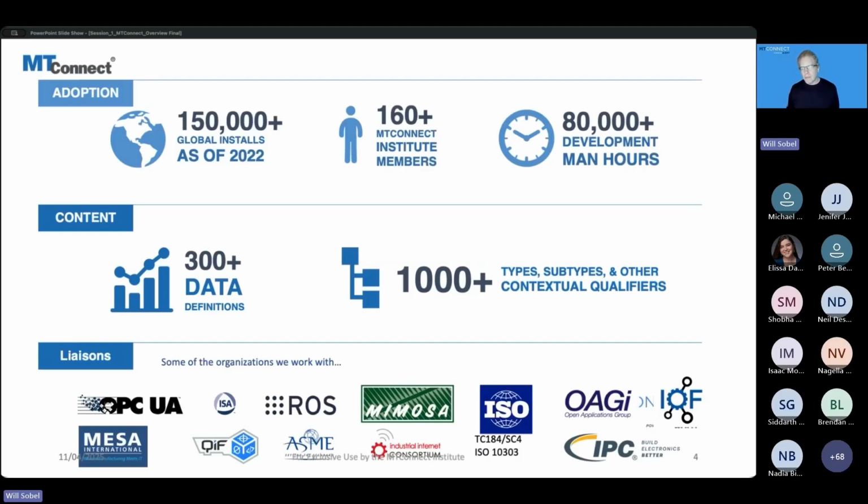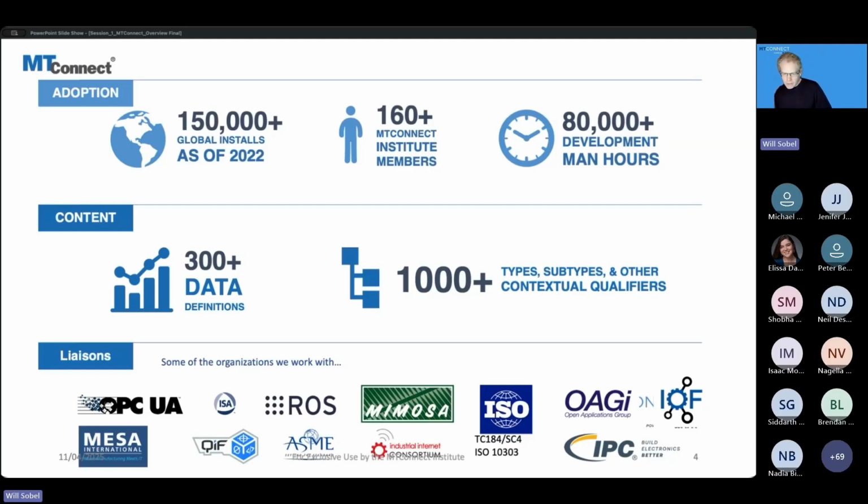So a little bit about the organization. We don't have an exact number, but from some surveys we've done in the past, we know that we have somewhere on the order of like 150,000 installs globally. We have about 160 members of the standards committee, and there's been tons of work going on into this thing.